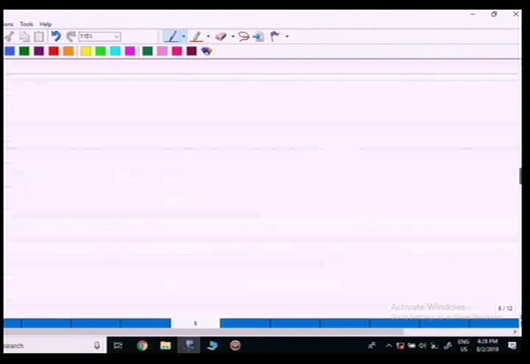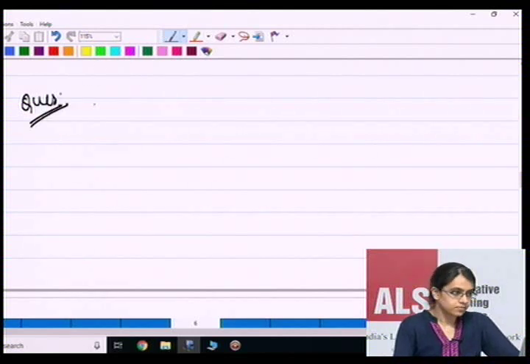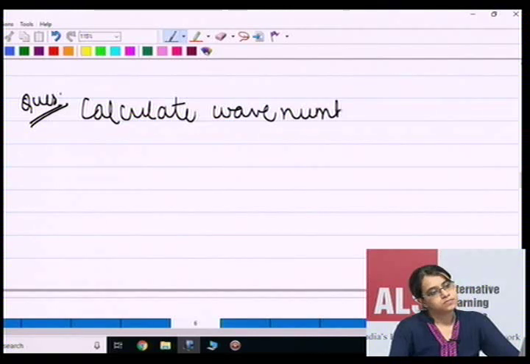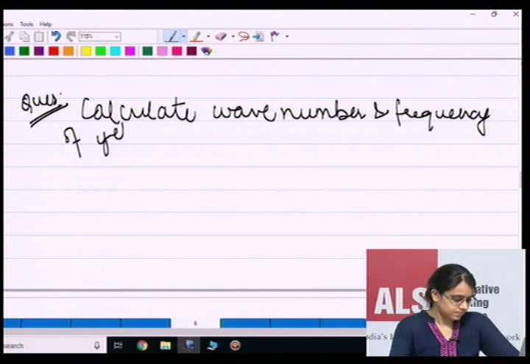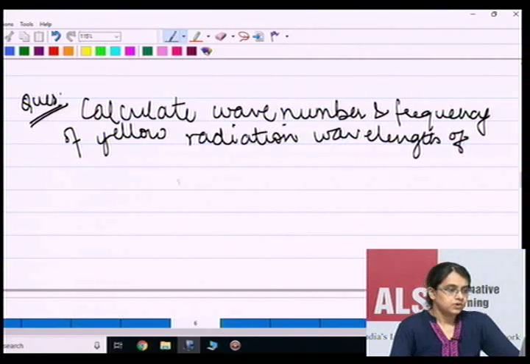Okay, moving ahead. The first question is, you have to calculate wave number and frequency of yellow radiation that has wavelength of 5800 angstroms.